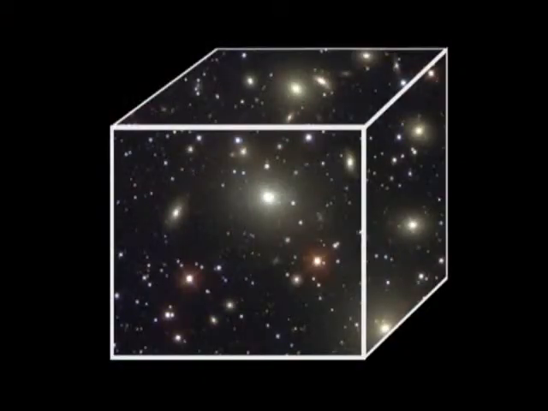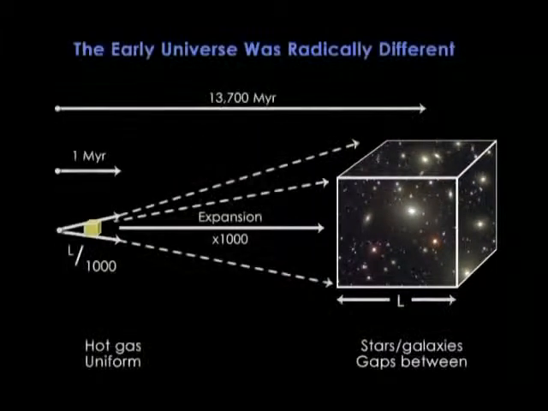So let's start with a diagram that reminds us of the overall situation. Imagine a huge region today filled with galaxies. Here's the same region as it was in the early million-year-old universe. Now, there are three extremely important differences between these two regions.